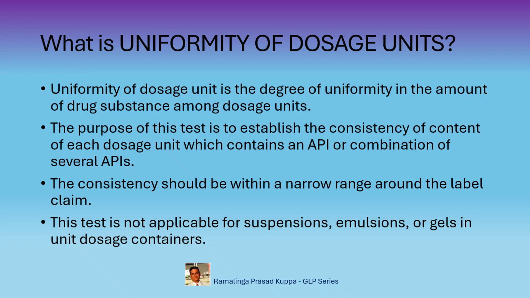This test is not applicable for suspensions, emulsions, or gels in unit dosage containers. There is a potential for segregation during manufacturing and storage of the suspensions and gels, during transfer and transportation. That is why this test is not applicable for such cases.